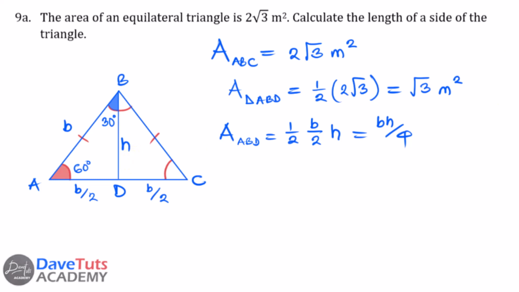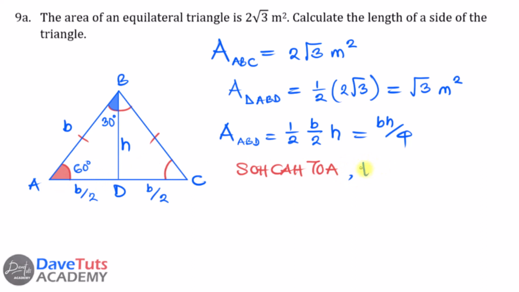So I'm using SohCahToa, and I want to make use of 60. For 60, h is what? h is the opposite to 60. b over 2 is the adjacent to 60.